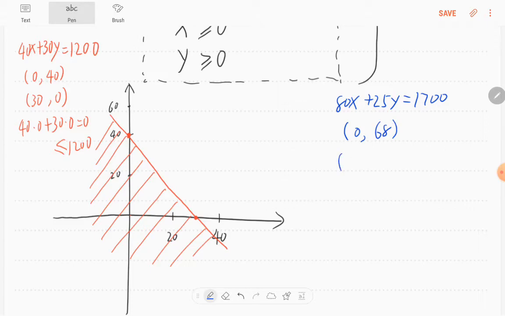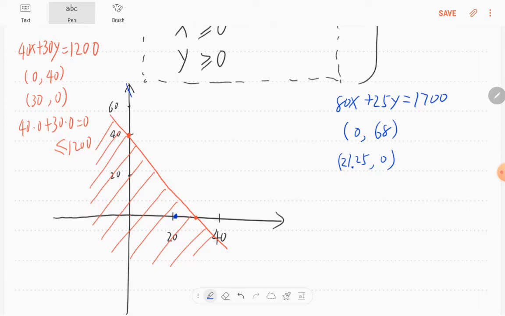If y equals 0, then x would be 21.25. 21.25 is here, for example, and 68 is here, for example.